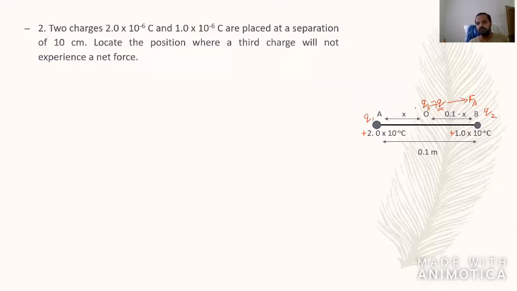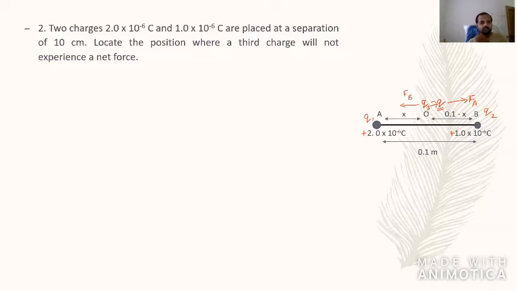And the force on Q3 due to the charge at B, that is Q2, will be in this direction. So I am going to put it as FB. Okay. So the two forces, as you can see, are at 180 degrees to one another.